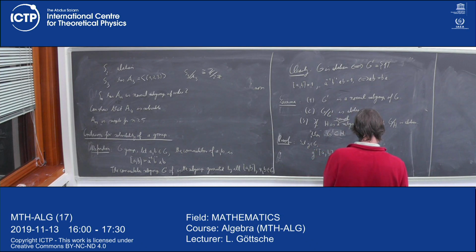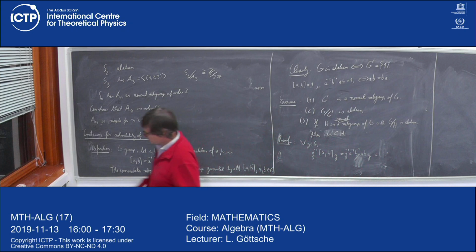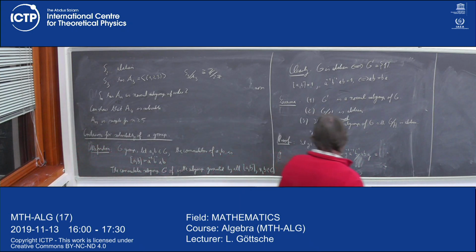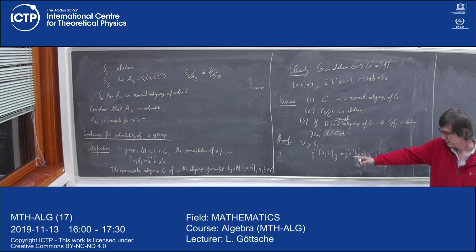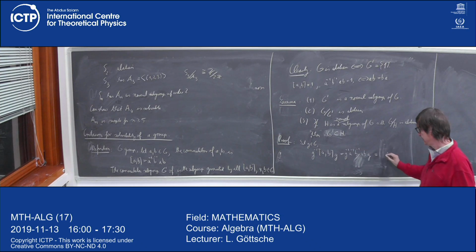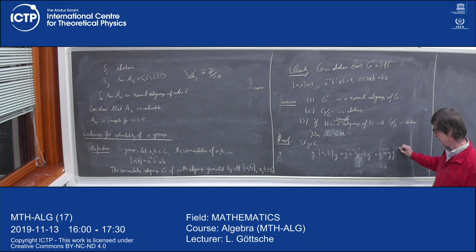So, let me do it in more detail. I can put everywhere between the elements g and its inverse. So this is g^-1 a^-1 g, g^-1 b^-1 g, g^-1 a g, g^-1 b g.